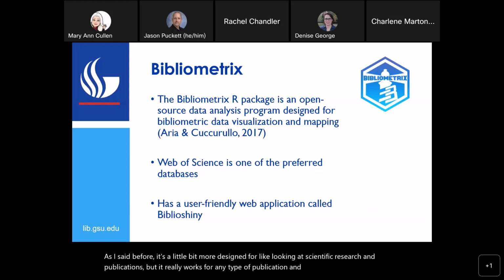And Web of Science is actually their preferred database to use because of the particular type of metadata that comes with each of the articles when you download the records. Another reason I wanted to use it is because it has a user-friendly web application, so I didn't have to do any of the coding in R, and it made it really easy to use and to trace a lot of stuff.